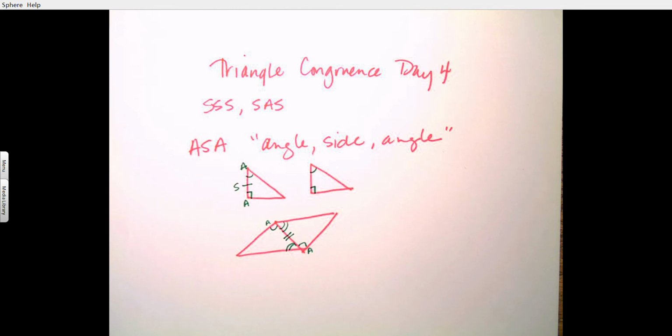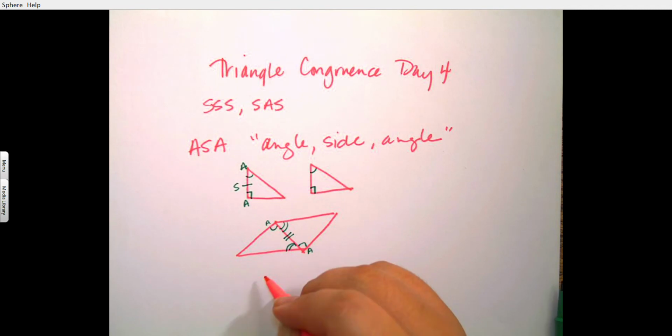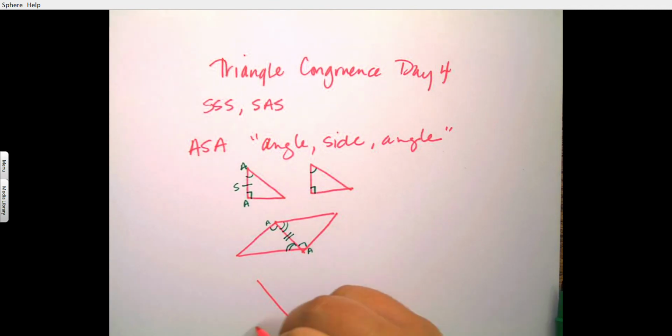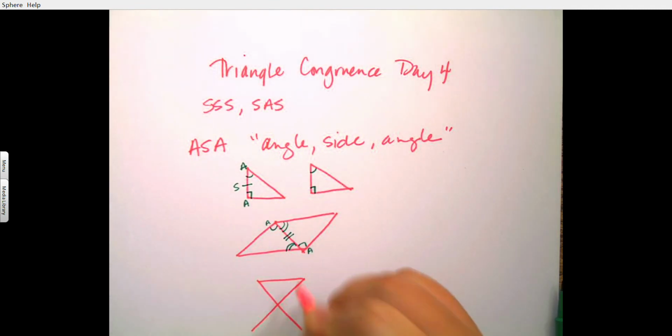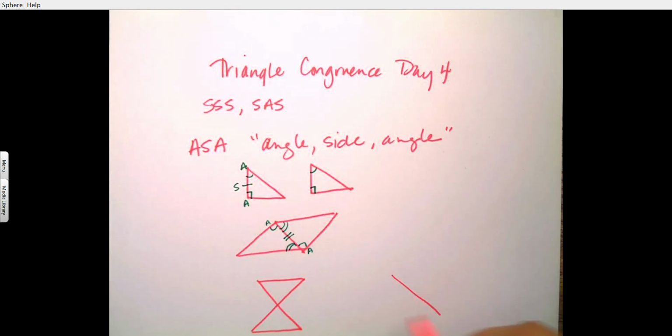I also need to point out that these are what we call vertical angles. So when there's an X, sometimes it's that way and sometimes it's this way.